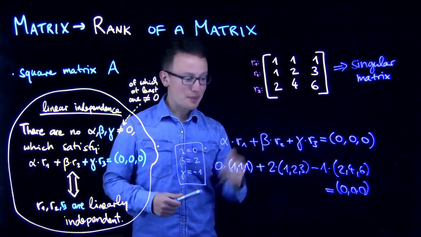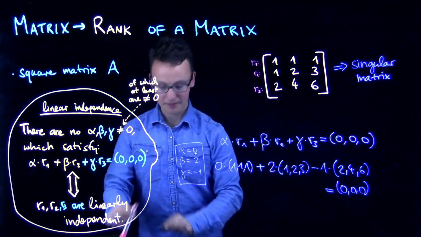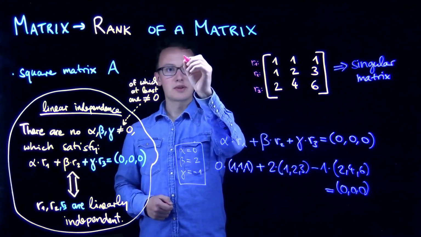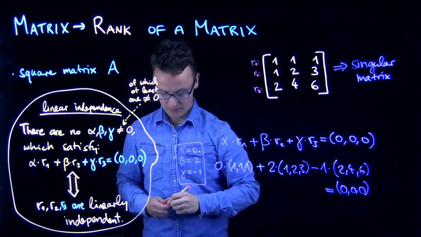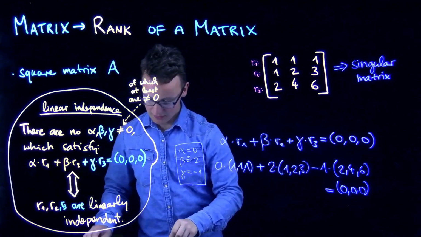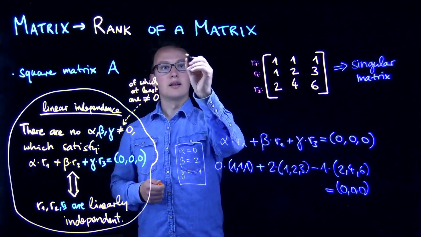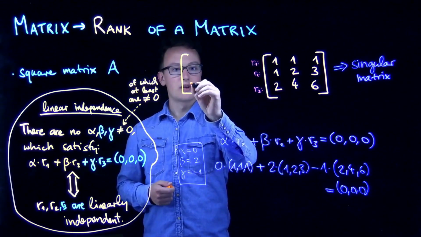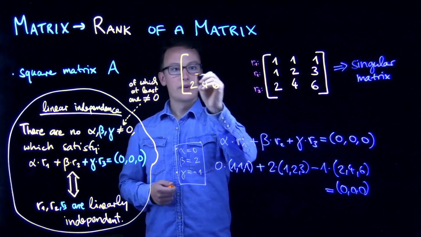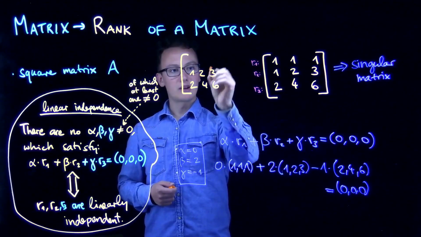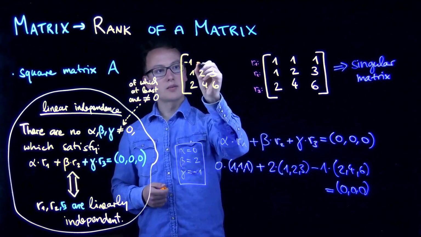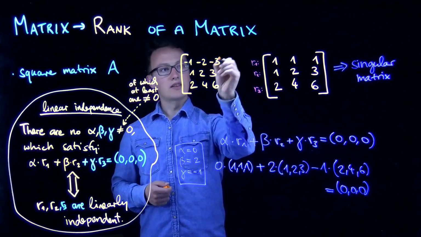But it's not as bad as, for example, if we see another matrix which goes like this. So, sorry, wrong pencil again. So let's say we have a matrix which has also the rows 2, 4, 6, 1, 2, 3, but also the row -1, -2, -3.